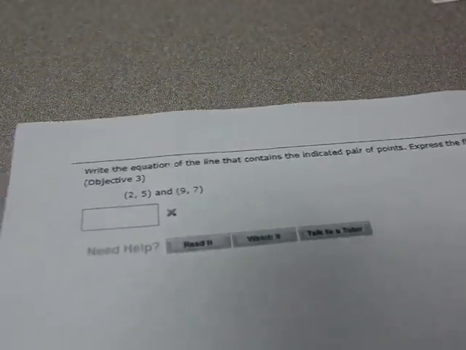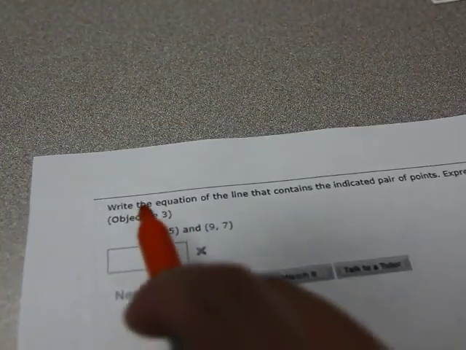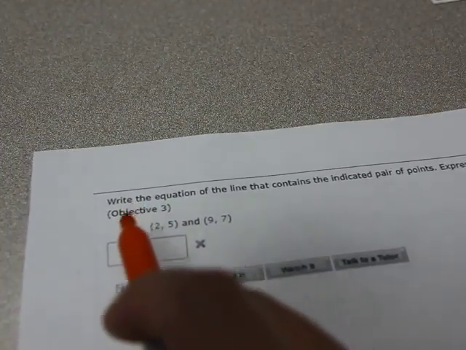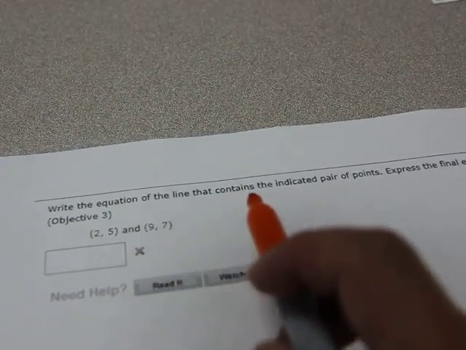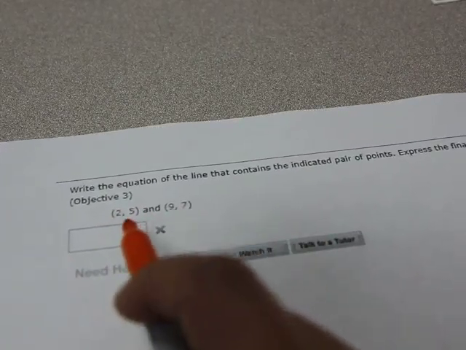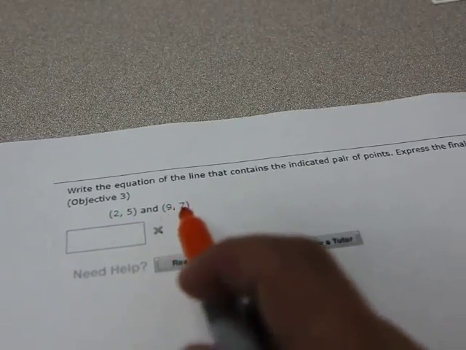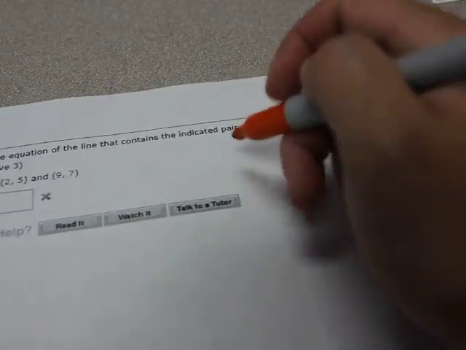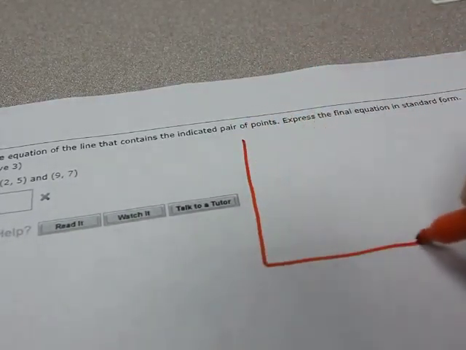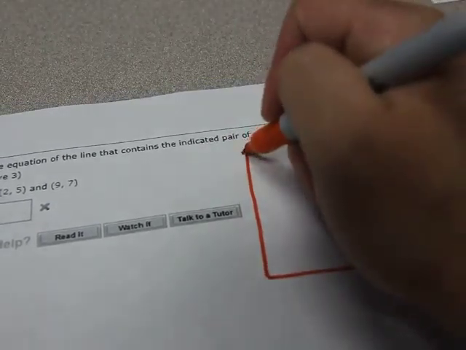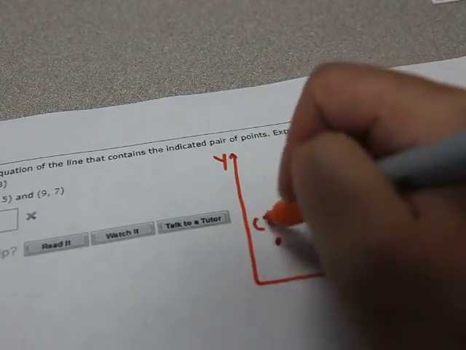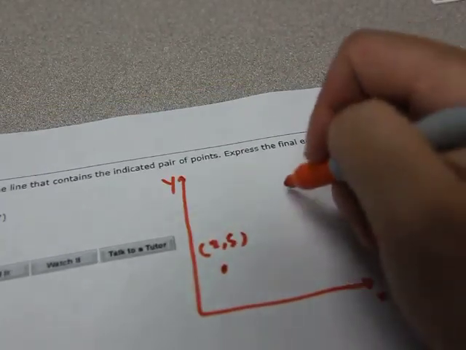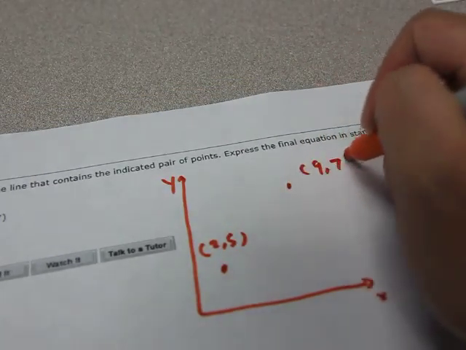Okay, let's take a look at one more example. This problem says write the equation of the line that contains these 2 points, (2, 5) and (9, 7). So we are given 2 points, (2, 5) is here, and (9, 7) is here.